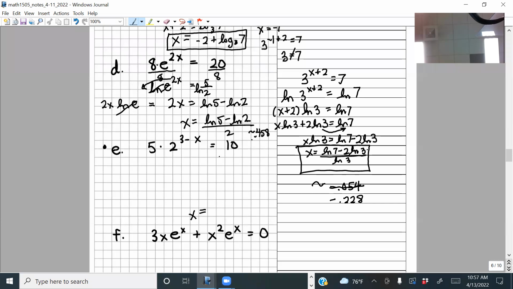Now be careful here when you apply natural log, because natural log and 2 are not going to cancel each other, so you will have to think of this one as bringing the exponent down. But Amanda's right. After you divide by 5, natural log of both sides.